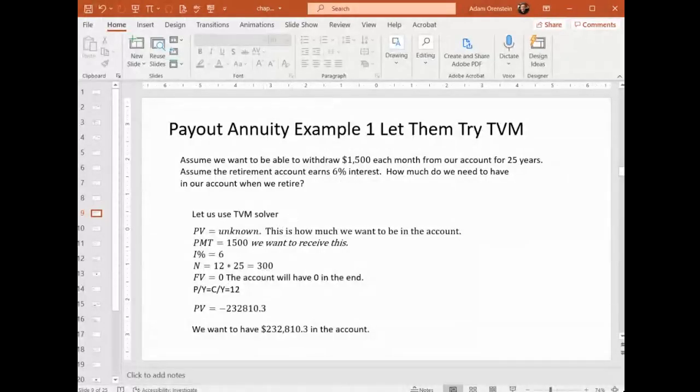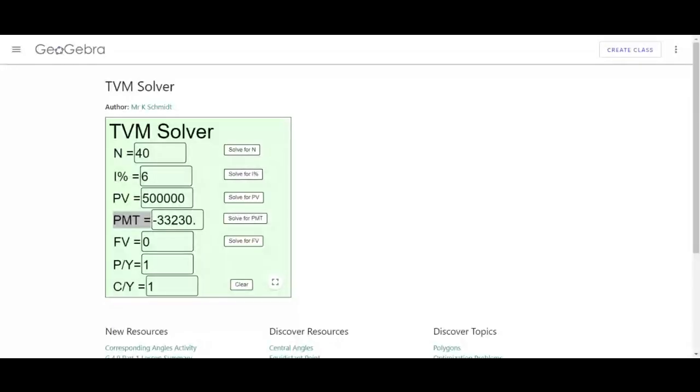So let's put this in the TVM solver. All right, let's use the TVM solver now. So we'll clear everything. We said N was 300, right?